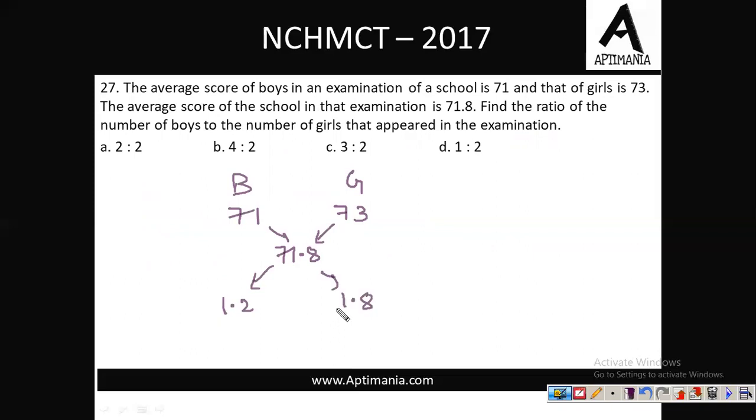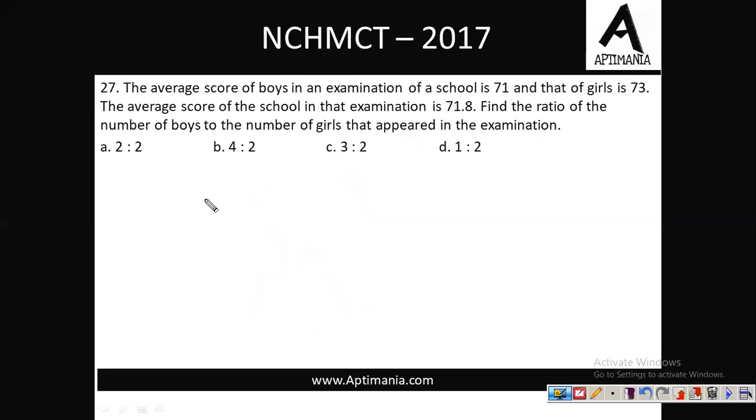In fact, the difference here is 0.8. So this is the ratio of boys to girls. And if we want to calculate it in simpler form, this is basically 3:2, if we divide by 0.4. So the answer is 3:2. Very easy question based on the concept of mixture and alligation, and the answer is option C, that is 3:2.